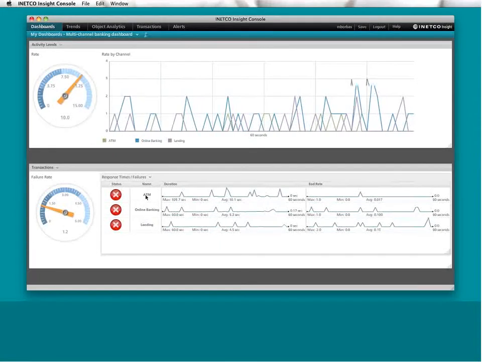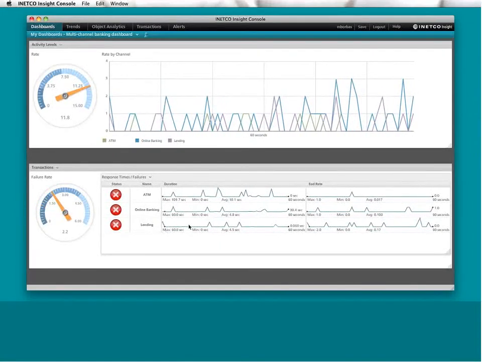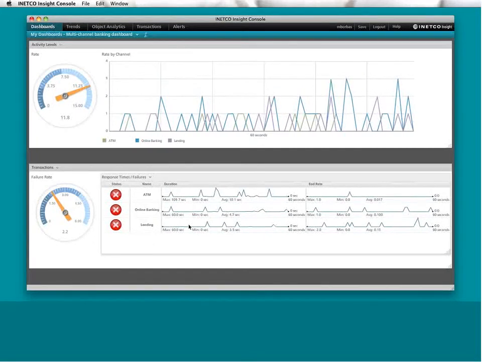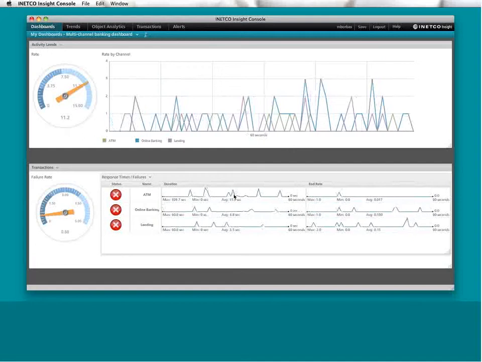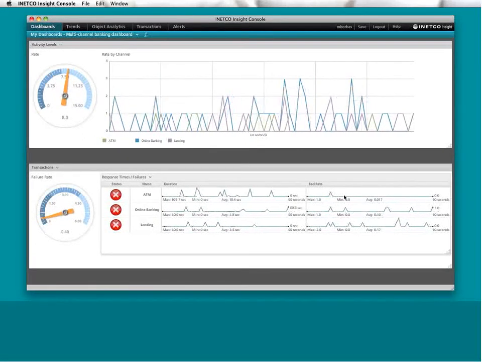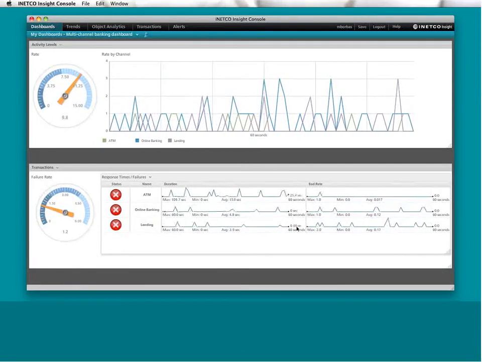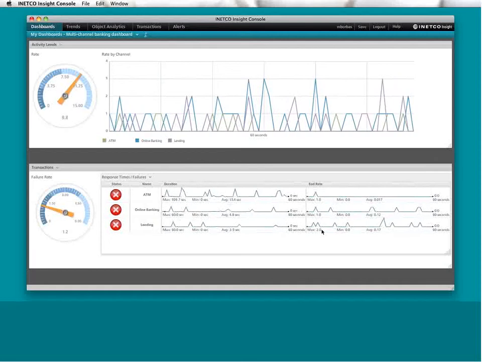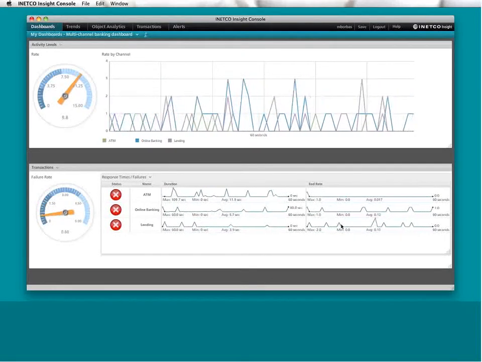And then secondly, let's look at each of these channels, ATM, online banking, and lending, and let's look at 2 other metrics. Let's look at my response time to see whether there are any patterns there, and let's look at the failed transaction rate to see whether I've got any issues there. And you can see lending applications is an interesting example, where you've got a pretty consistent pattern of failures in this application.